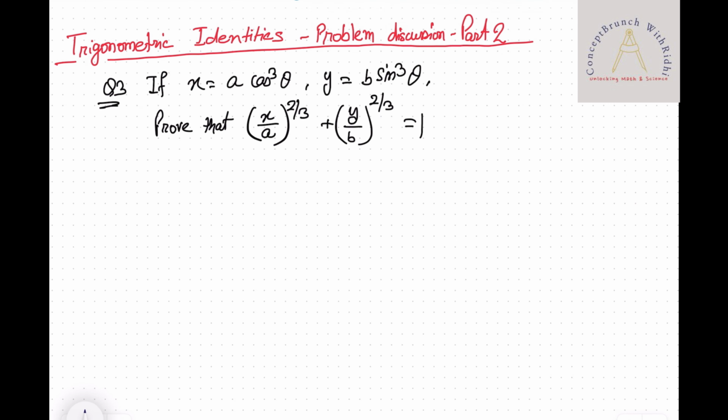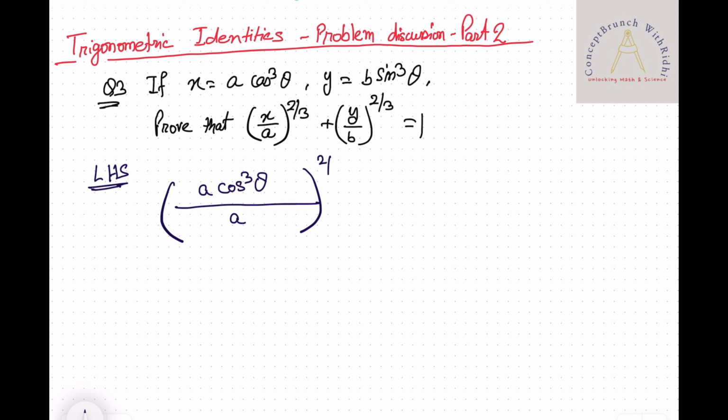Clear? Our third question, take the LHS part. What is that? X by a to the power 2 by 3. Write the x value. A cos cube theta divided by a, whole to the power 2 by 3, plus b is here. Write the y value. b sine cube theta divided by b, whole to the power 2 by 3.